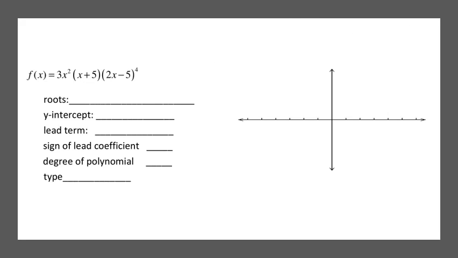So let's summarize what we have and see if we can use it. So we know what the roots are. Again, the roots were x equals 0, x equals negative 5, x equals 5 halves. We can look at the multiplicities. For 2x minus 5, it has a multiplicity of 4.